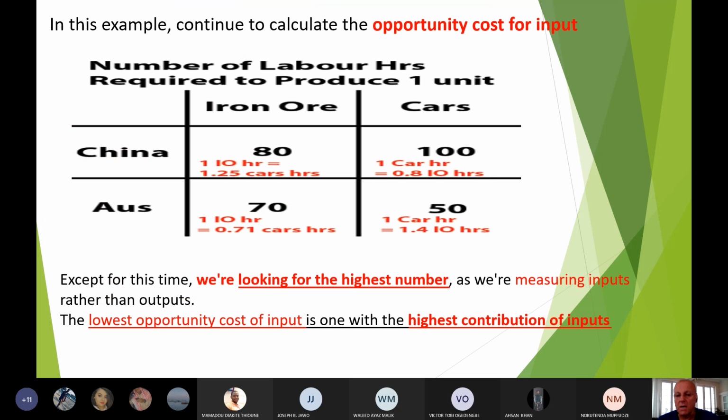We are using this opportunity cost for inputs. Therefore, we are looking at the highest numbers for measuring the contribution of these inputs. We are trying to make it more competitive. As I said to you in the former lectures, the contribution of people is different. Let's say you are working in a printing house or factory, and one employee brings in 100 units of copy in an hour, and the other one brings only 70.